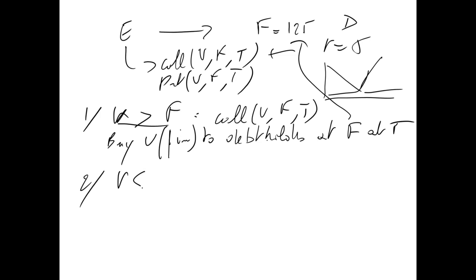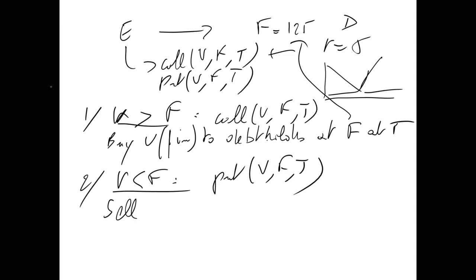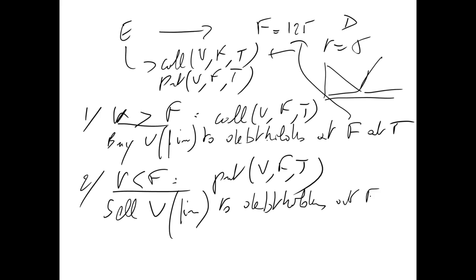Second situation, V is below F. Then what you do is exercise the put. What you do in this case is you sell the firm to the debt holders, you exercise the put that you have on the debt holders at price F at the maturity of the debt.